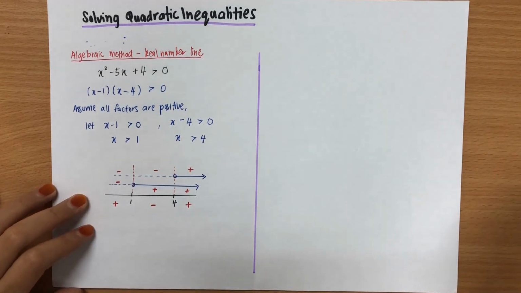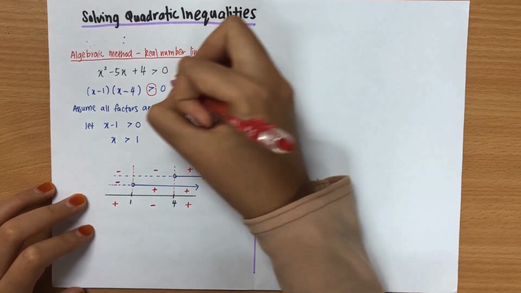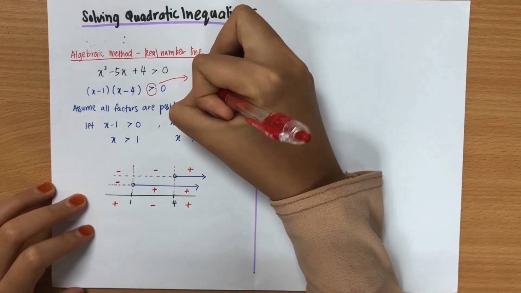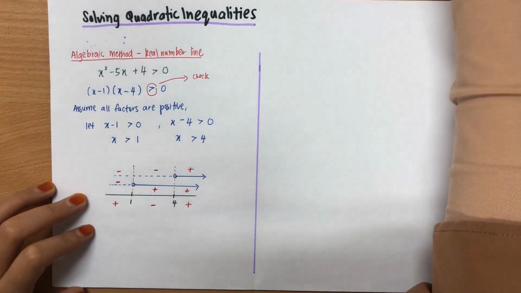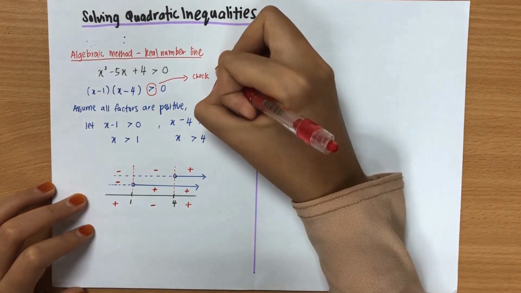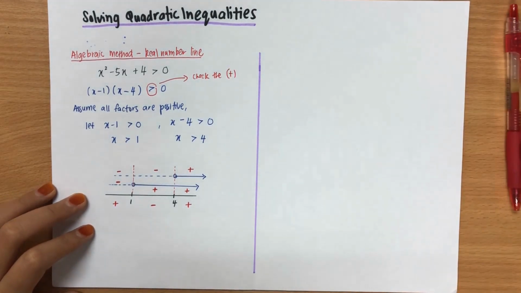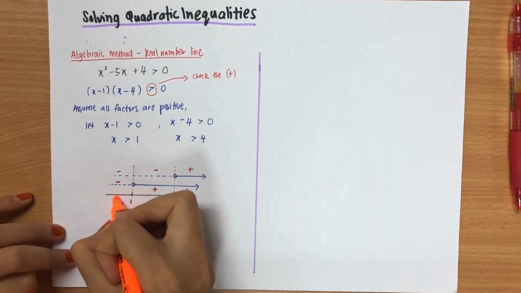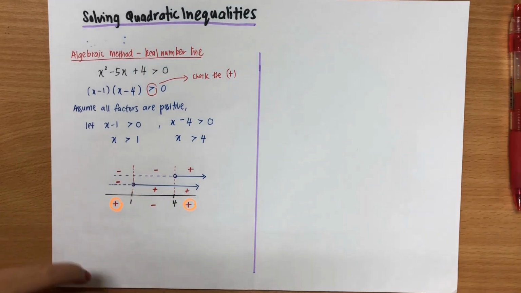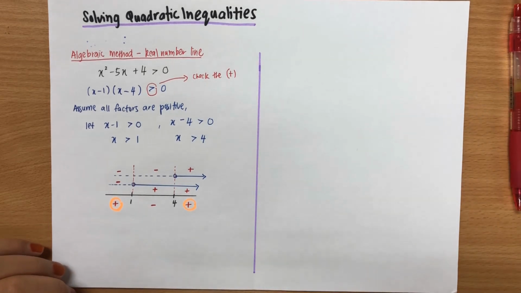Then we will check that this is greater than 0. So if it is greater than 0, check the part where there is a positive sign. Okay, the positive part is this one and this one. So there are two answers that we have, two sets of intervals.